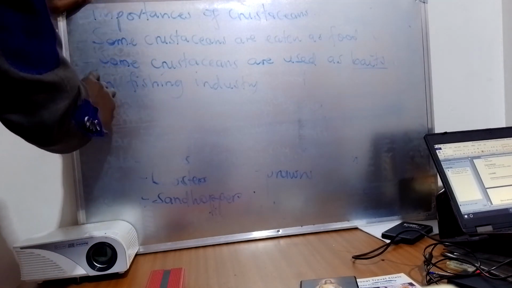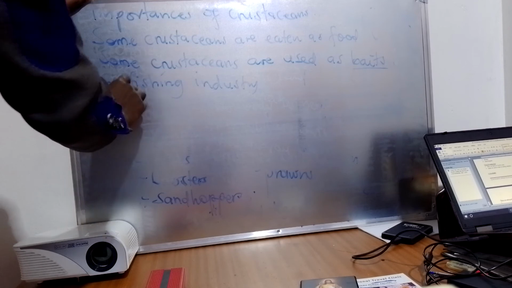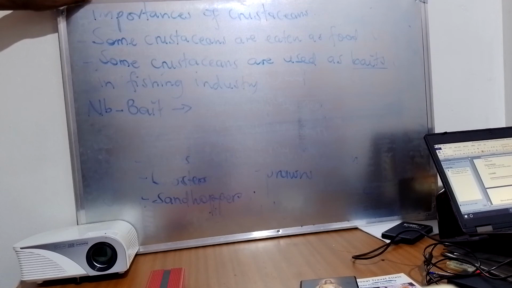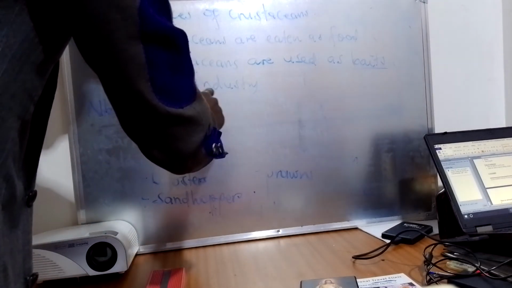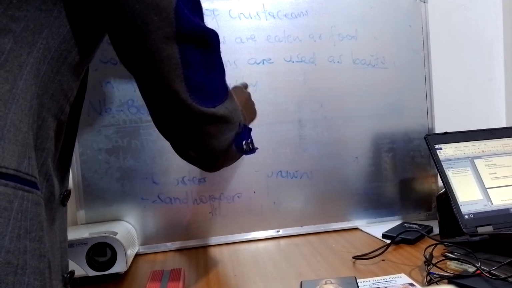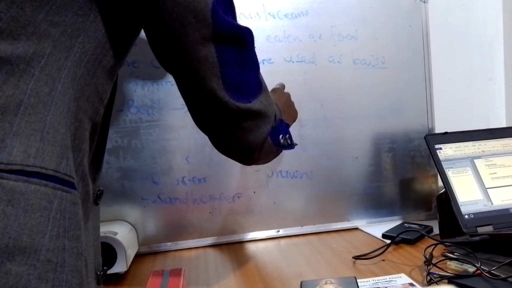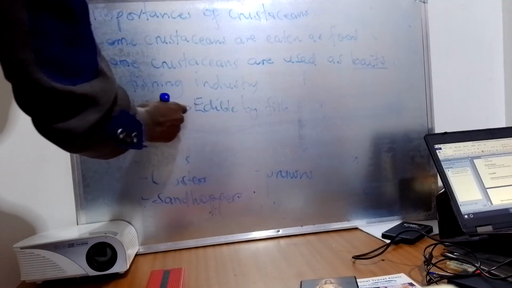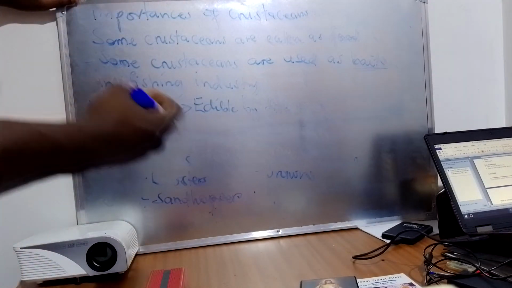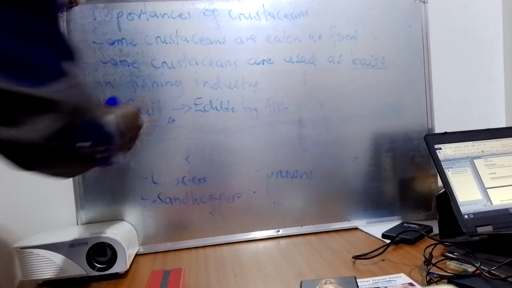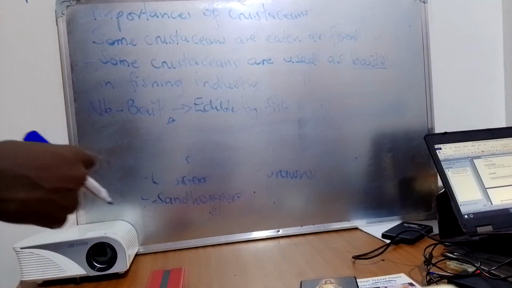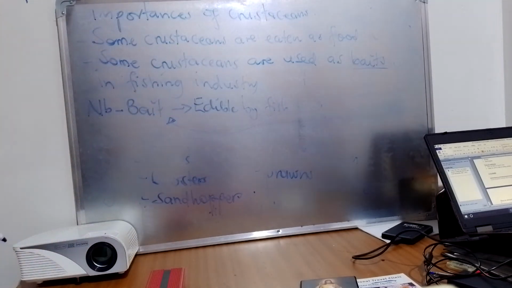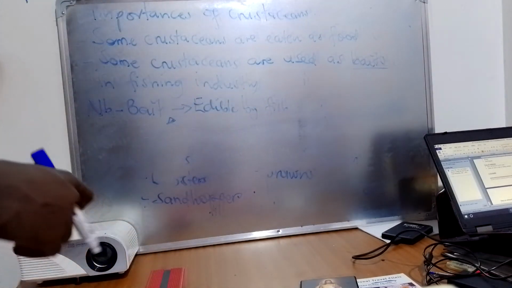So a bait is any organism edible by fish. This bait is always placed in any material such that once fish has started eating it, it can't go away. So some crustaceans are used as baits in the fishing industry so as to catch fish.